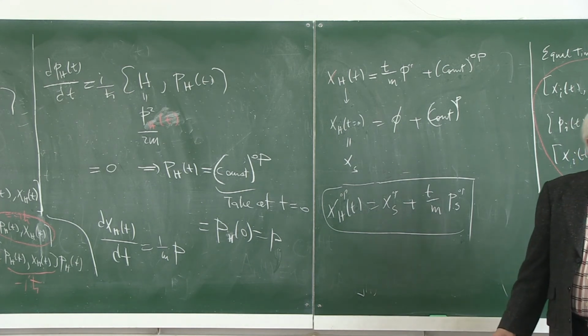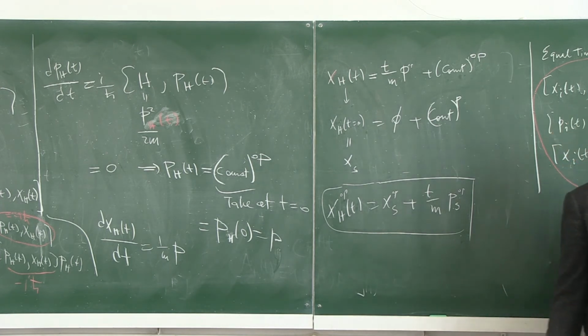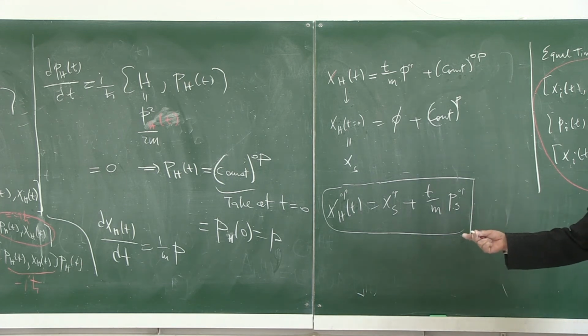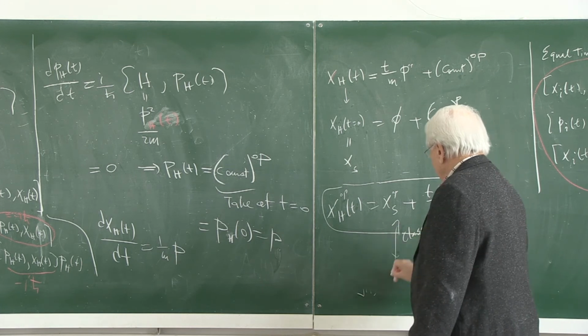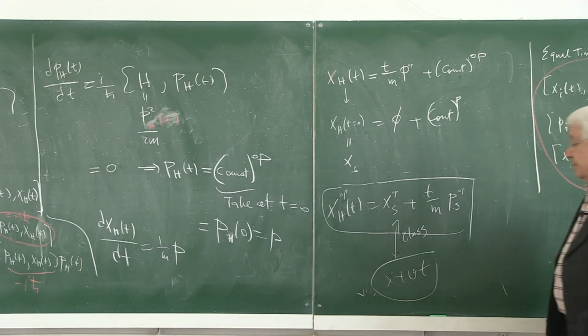Is this something that you recognize? Yes, this is really the free particle solution in classical mechanics. If you have used Newton's equations of motion, you would be getting this, right? x plus p over m times t. p over m is the velocity. If you compare with the classical, x plus vt, right? That's what that expression is.